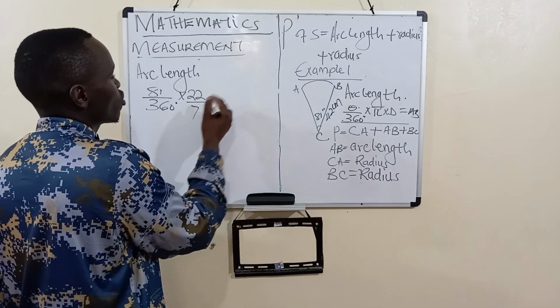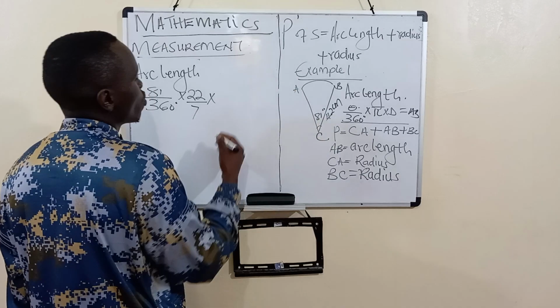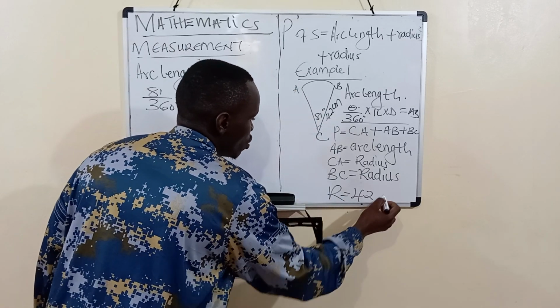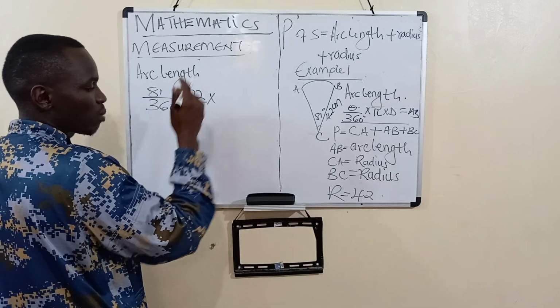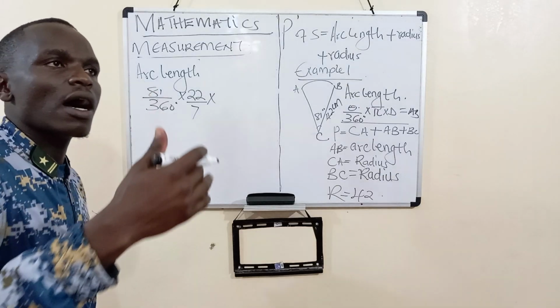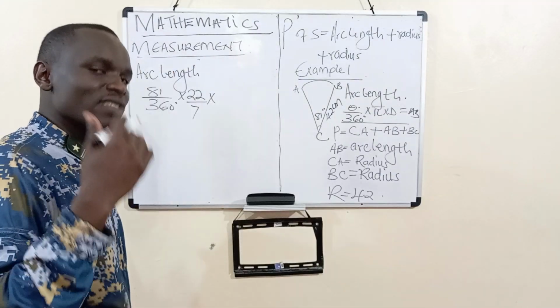Then we multiply by the diameter. The radius is 42, so the diameter is 84. You multiply 42 by 2 because diameter is twice the radius, or radius is half the diameter.